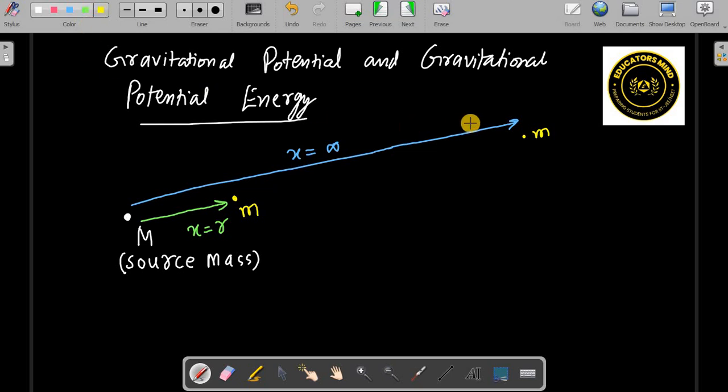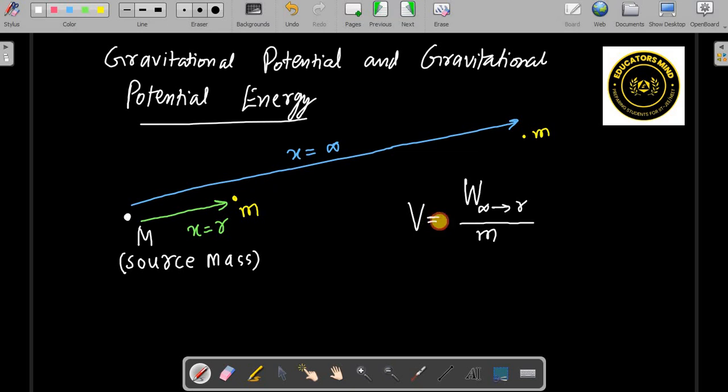When you are bringing it from infinity to this point, you have to do some work, right? So the work done in bringing the small mass from infinity to this location r, divided by that mass, is called the potential.